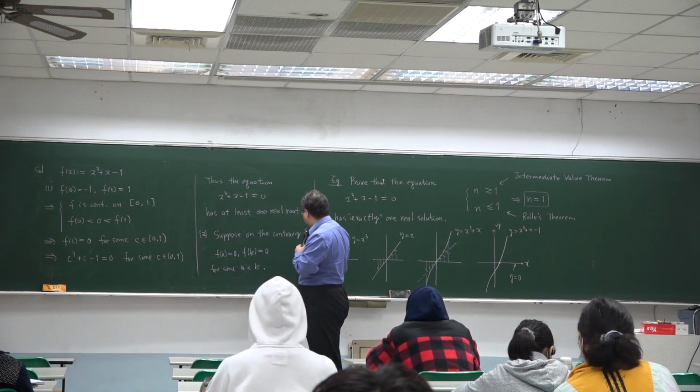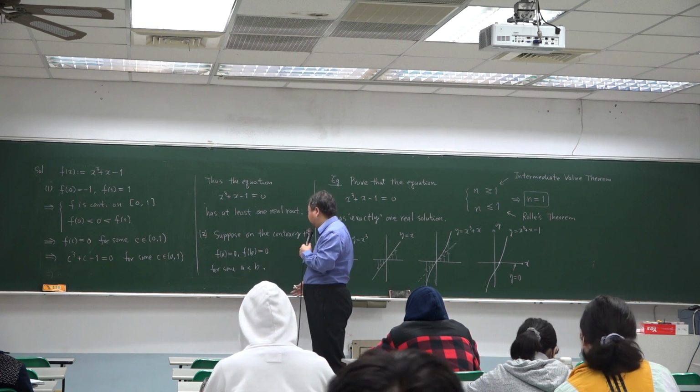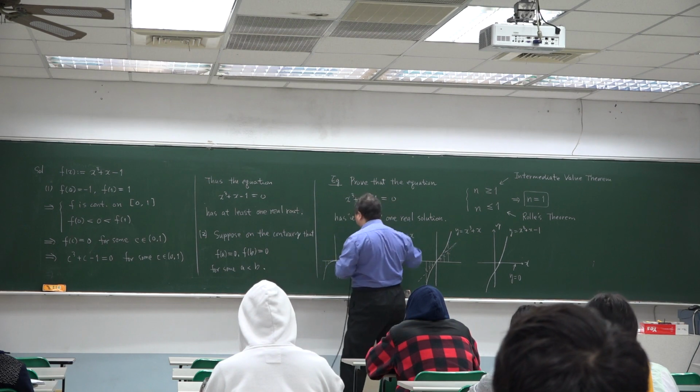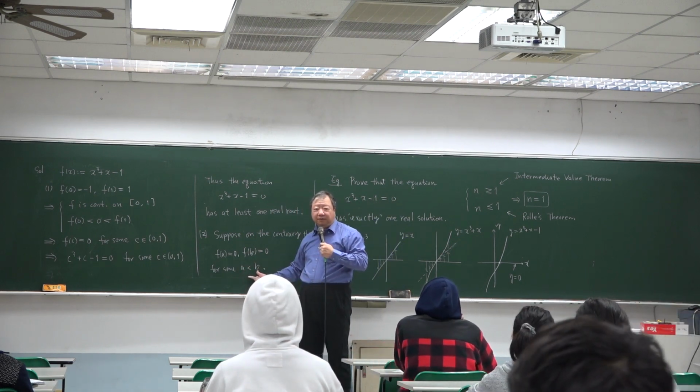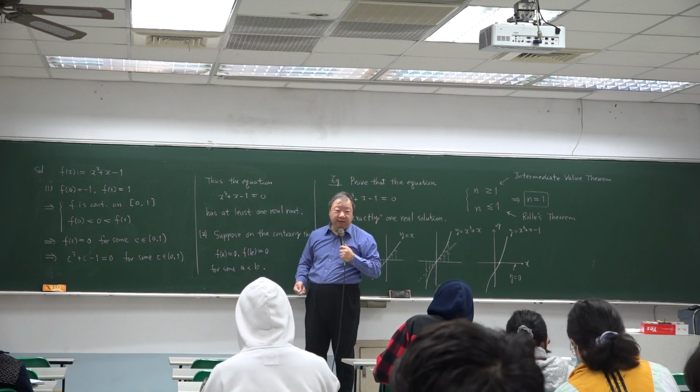Suppose on the contrary that this equation has two different real zeros. One is A, another one is B.